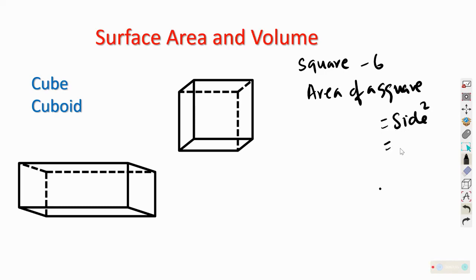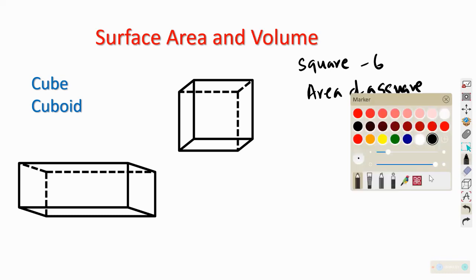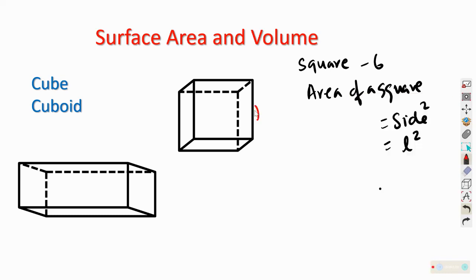Or if you mark the side as L, you will write L square. So in this case also, we will simply mark the side as L, length, breadth, height, everything L. So there are 6 faces, means 6 L square will be there, which will be the formula to calculate surface area of all the sides of a cube.